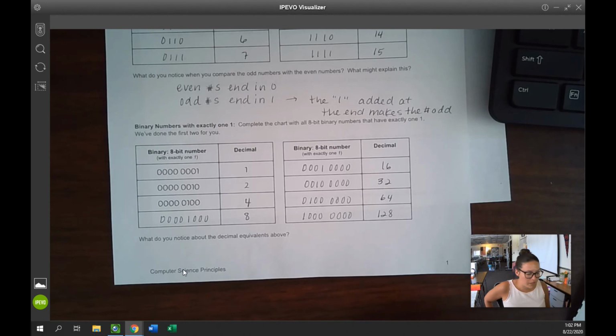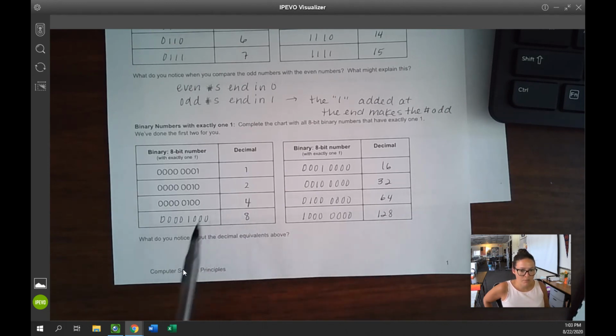All right, hopefully you paused the video and were able to fill all of this out. Check your work, make sure it looks good. What pattern do you notice about the decimal equivalents of all of these?